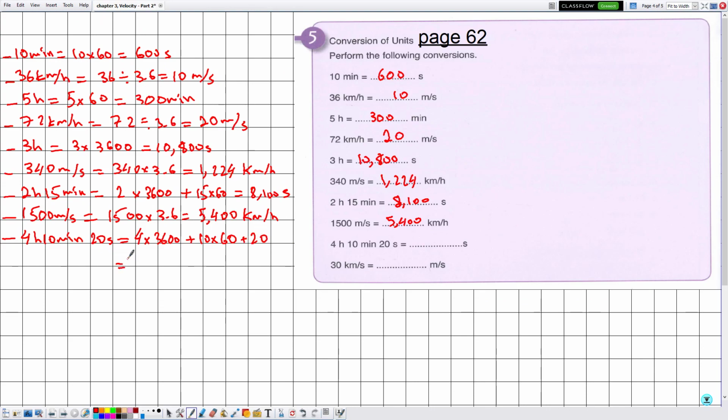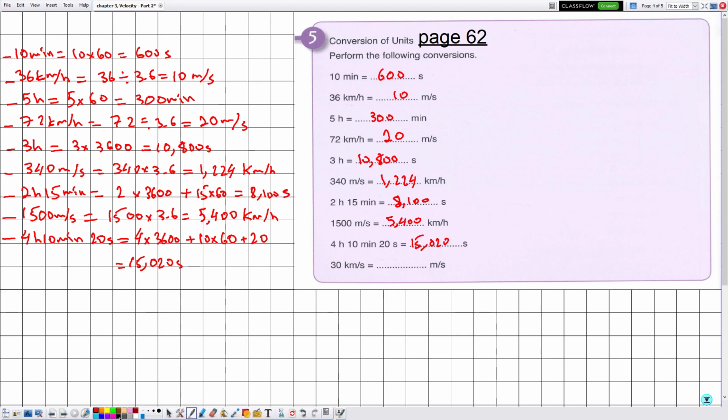Now plugging this expression on the calculator, then we have that the duration delta t expressed in seconds is given by 15,020 seconds. Then the missing value here is given by 15,020 seconds.